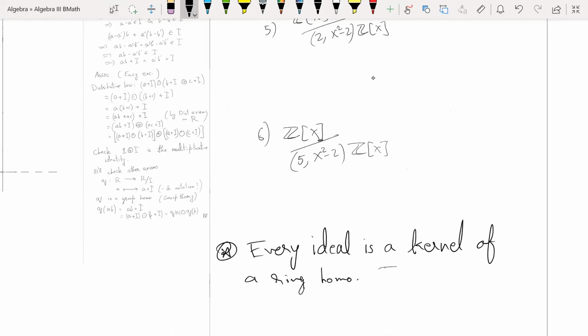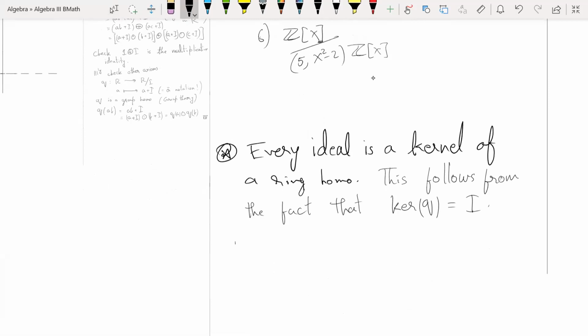So this follows from the fact that the kernel of Q, the ring homomorphism which we defined, is the ideal I. Okay, so let's just see this.